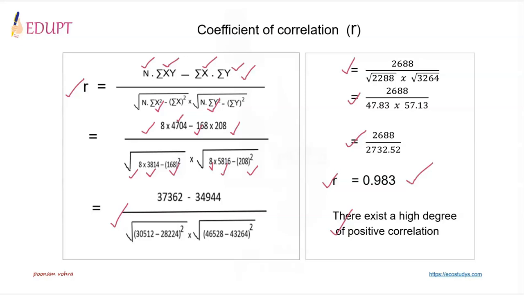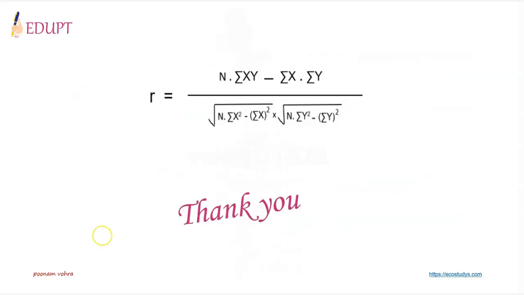This method seems to be simple, but it has a lot of calculations. That is why generally this method is avoided. Finding the coefficient of correlation by the direct method ultimately means applying this formula: n into sigma xy minus sigma x into sigma y, divided by under root of n into sigma x square minus sigma x whole square, the whole thing multiplied by under root of n into sigma y square minus sigma y whole square.